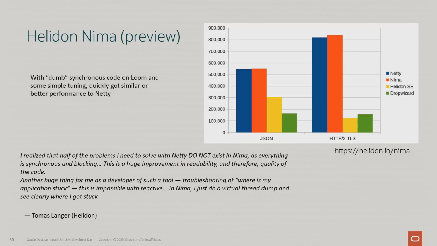Here on the chart is the throughput, where the higher the bar, the better. We had one presentation about Helidon here, and we will have hands-on sessions about Helidon. You may ask many questions.